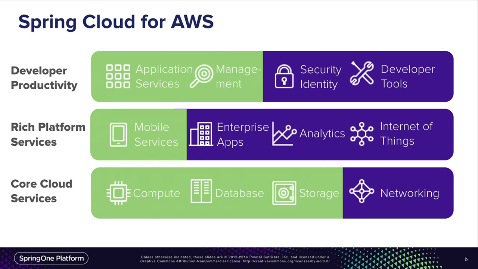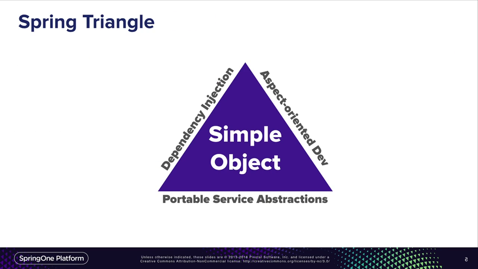And the vision of this framework is to write applications on AWS following the Spring triangle, the Spring philosophy. Spring has always had one philosophy, and this is the simple object, as we know. The simple object is achieved by having dependency injection in place, aspect-oriented programming, and portable service abstractions.